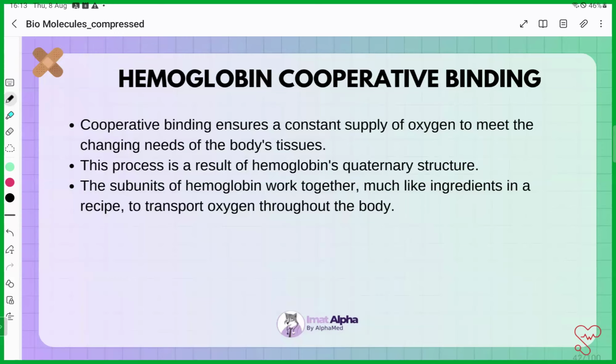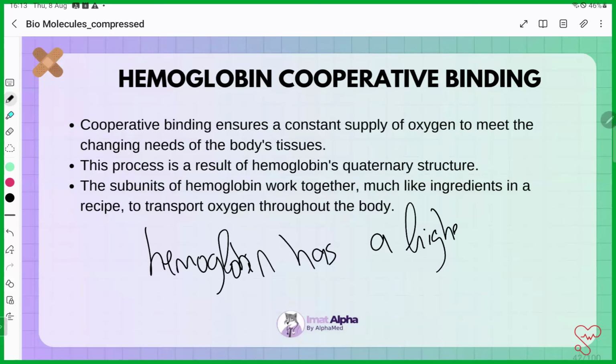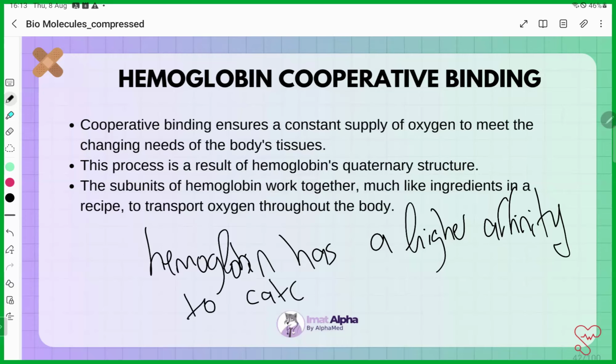the affinity of hemoglobin is higher to hold or to catch carbon monoxide than oxygen.